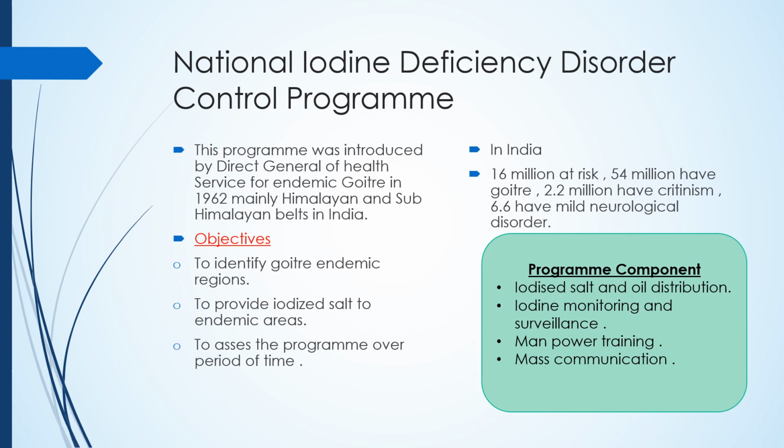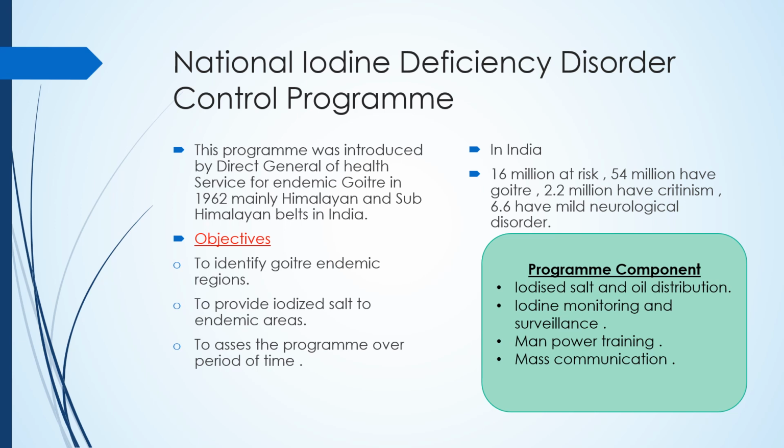Next, we have the National Iodine Deficiency Disorder Control Program. This program was introduced by the Director General of Health Services for endemic goiter in the year 1962, mainly in the Himalayan and sub-Himalayan belt in India. Means only those areas were more prone to iodine deficiency.